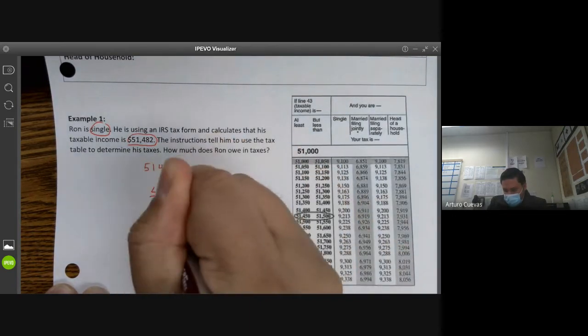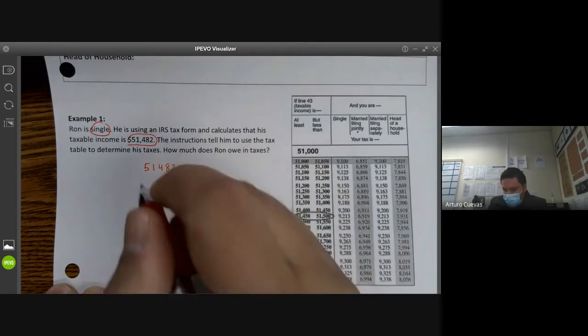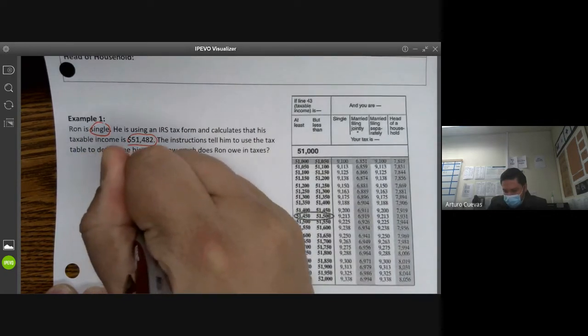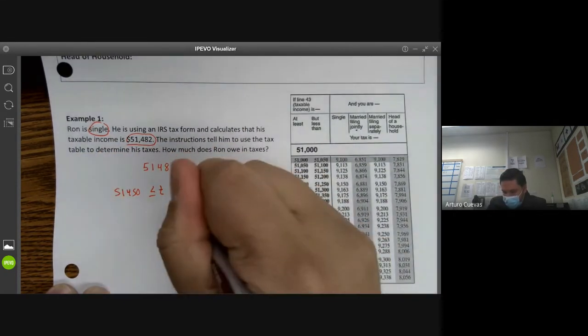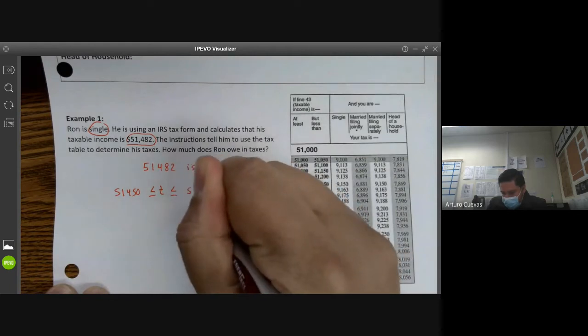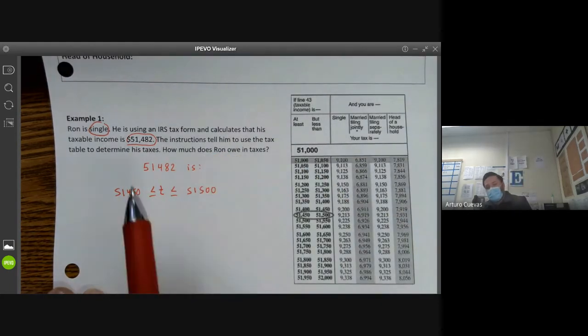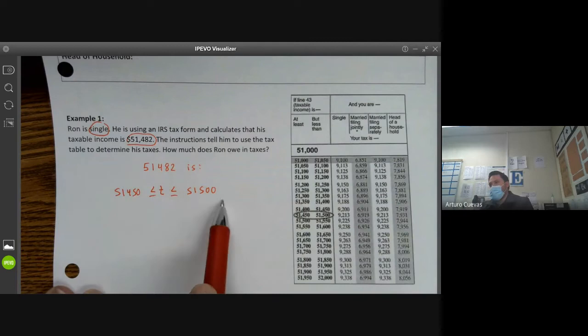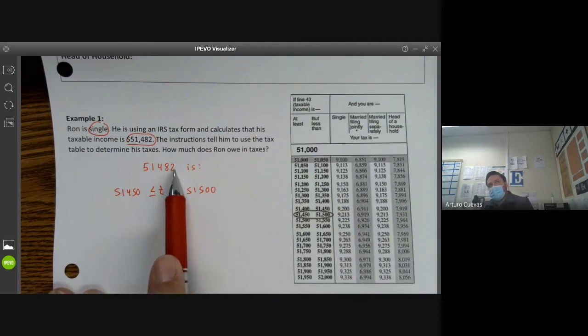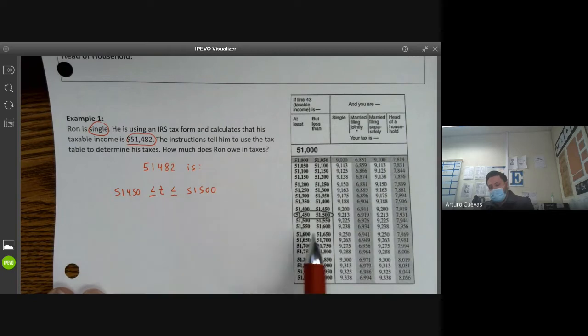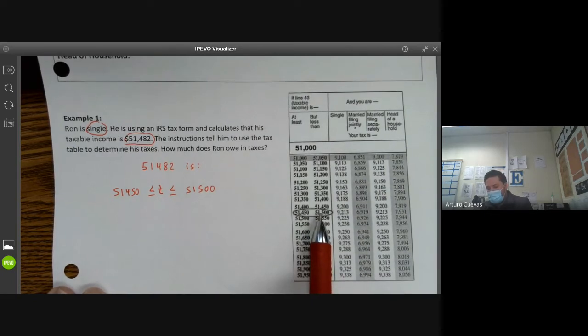It's between 51,450 and 51,500. Okay? So do you agree that this number is in between these two? This is how you express it mathematically. Your taxable income is between those two. So because we're in between these two and he's single, how much is he going to pay?